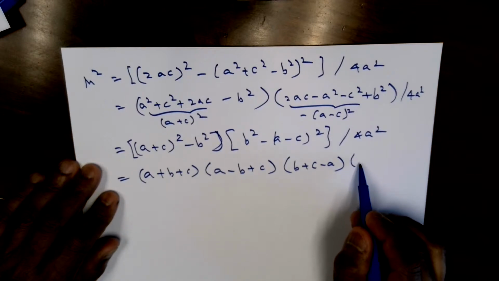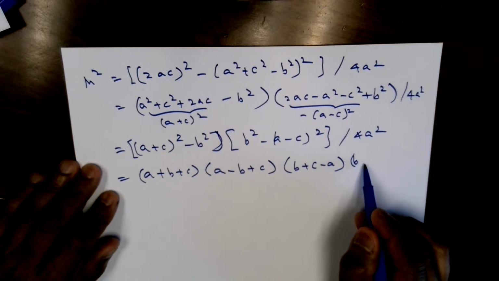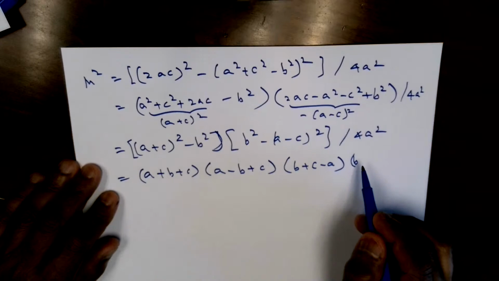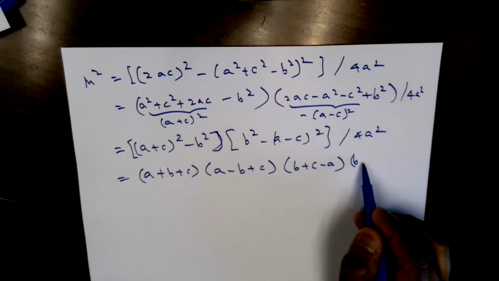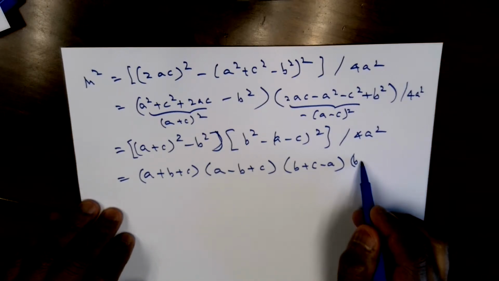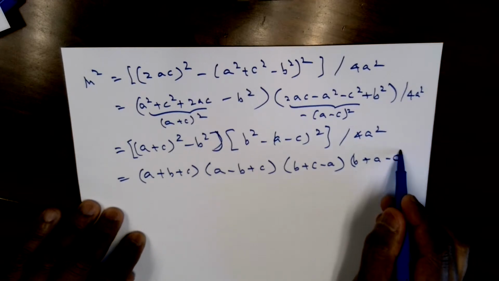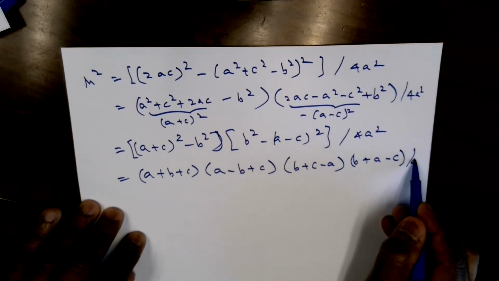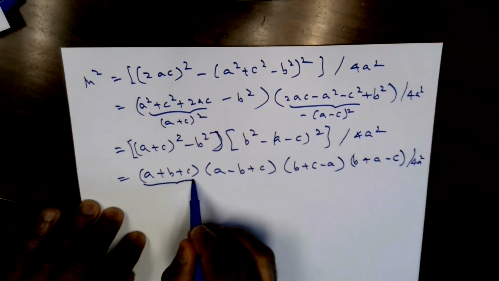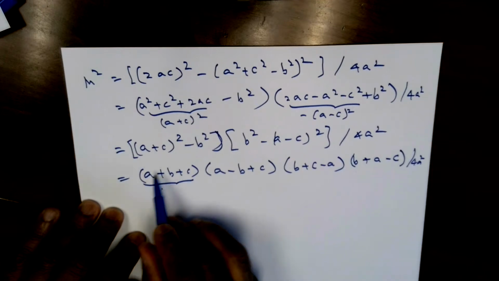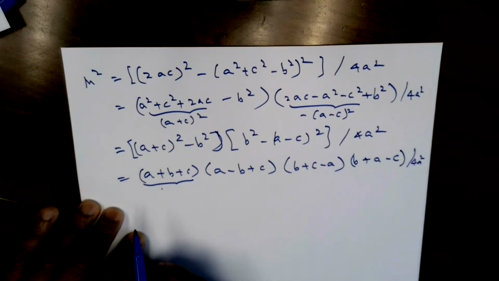and b plus a minus c, divided by 4a squared. But notice that this is the perimeter of the triangle.